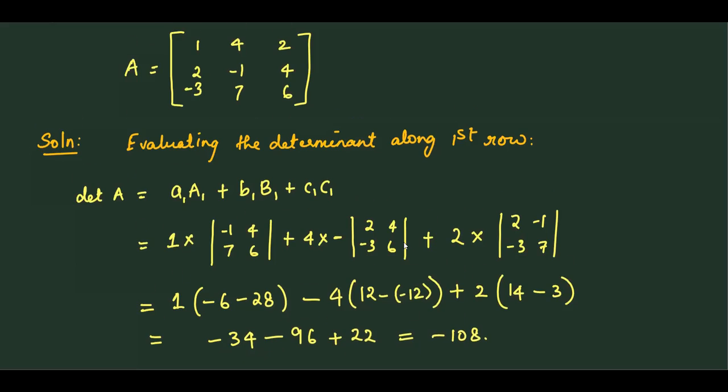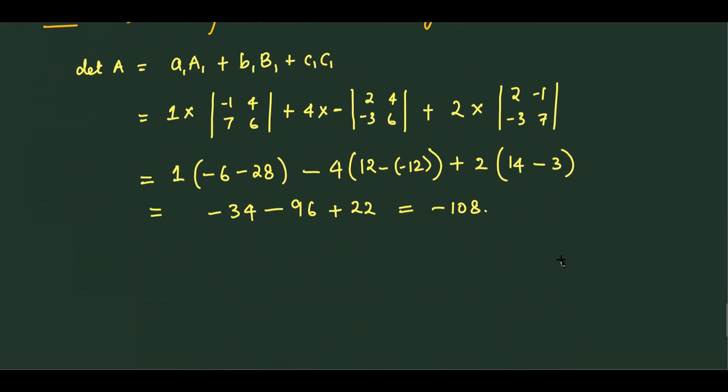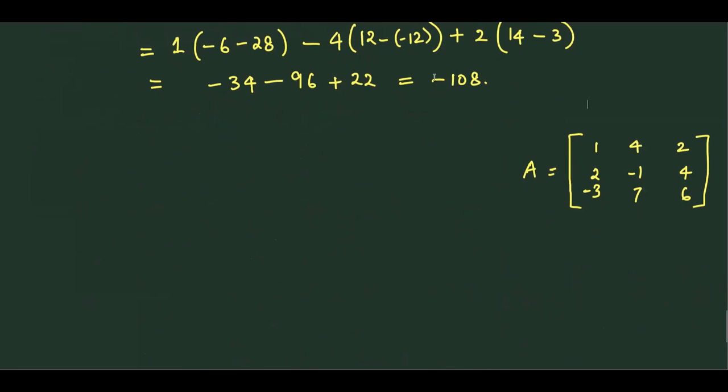Now let us check the same with some other row, some other column. I'm writing the matrix here for our ease. Let's say we do determinant evaluated along the first column.